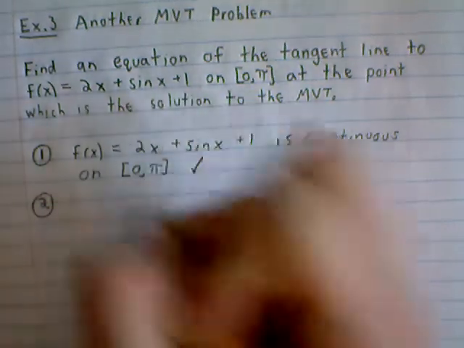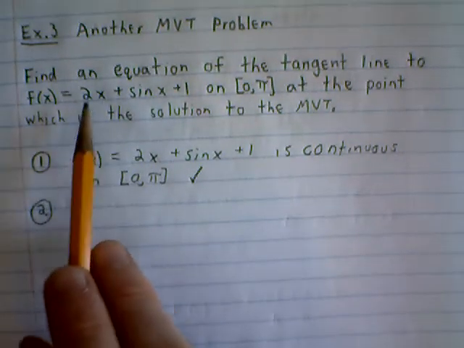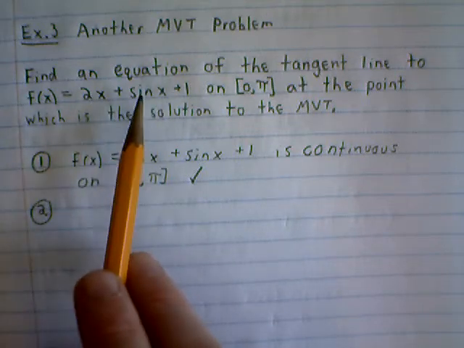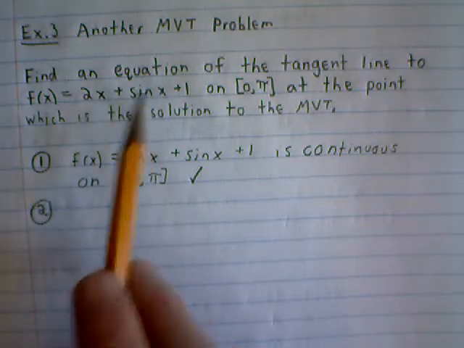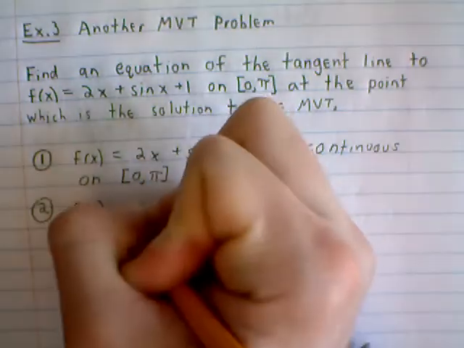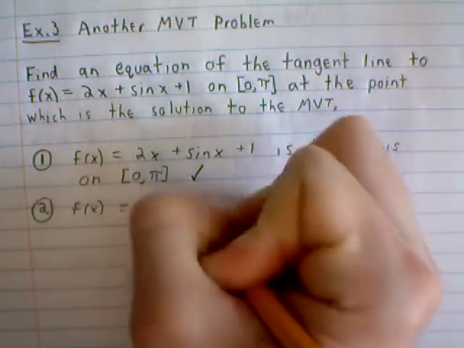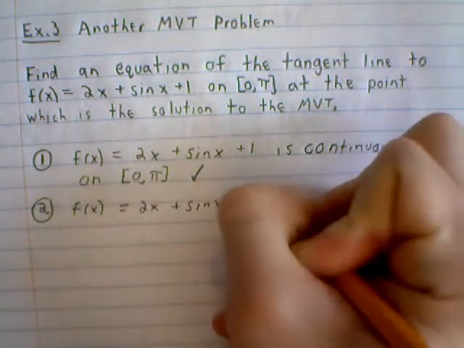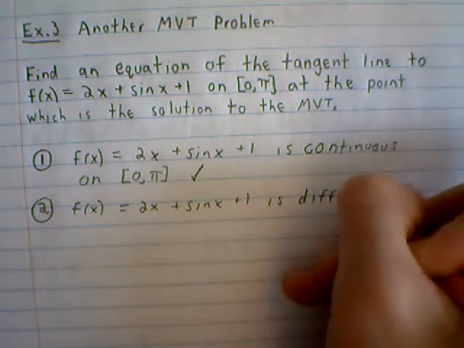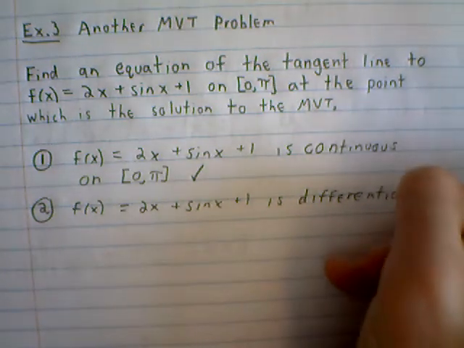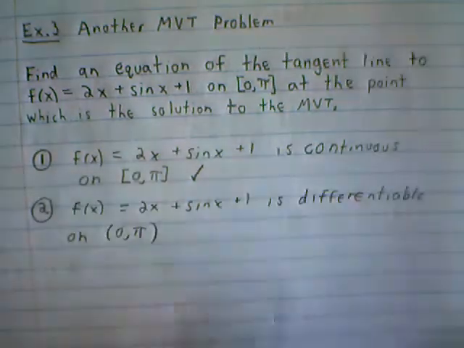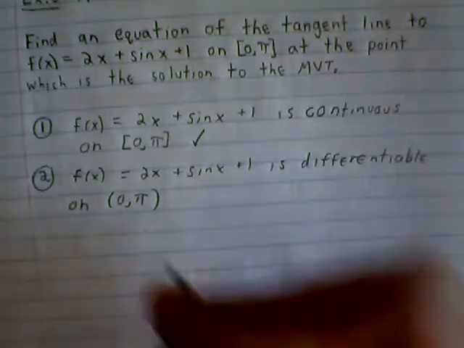Number 2, is it differentiable? Well, we're not going to have any sharp turns, asymptotes, or cusps because there's nothing in the denominator here and no absolute values. So f of x is differentiable on 0 to pi. So the MVT applies.